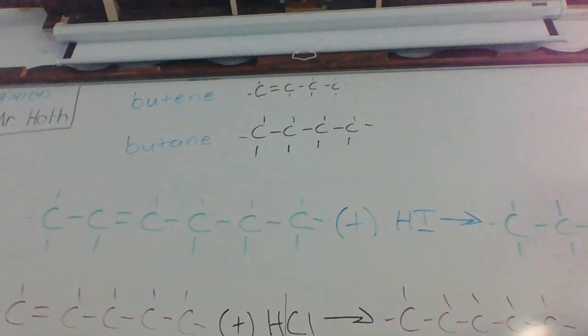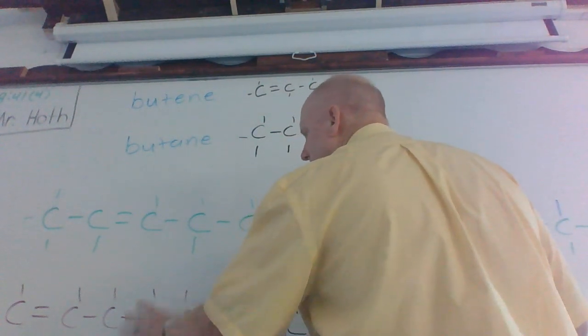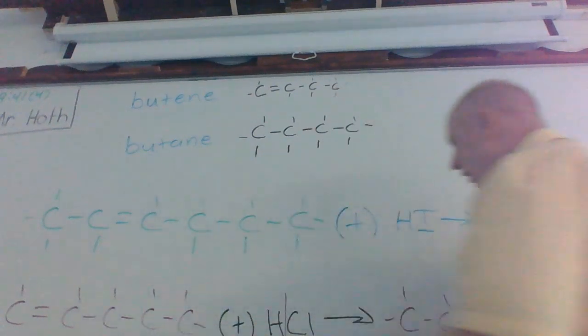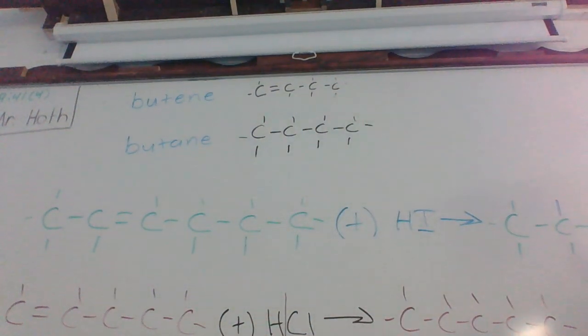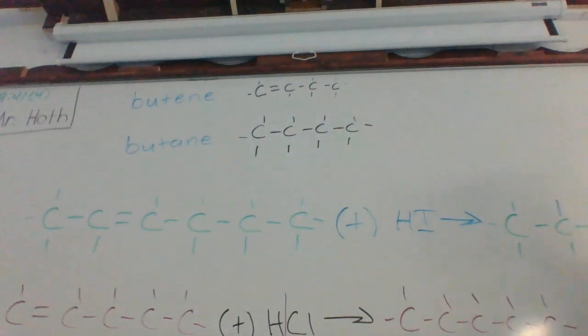This, however, when you have these conditions just right, both of these being asymmetrical, now you're going to have two products. So this hydrogen is looking for the carbon it could attach to that already has more hydrogens. So it can't go here, can't go here, so it has to go here or here.